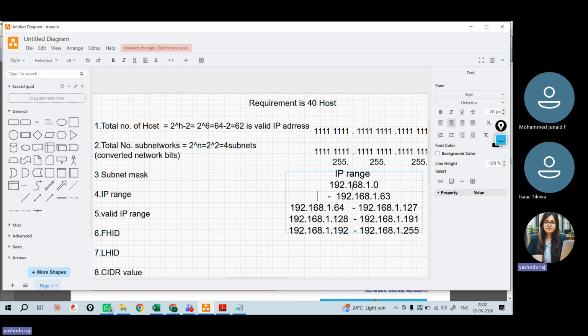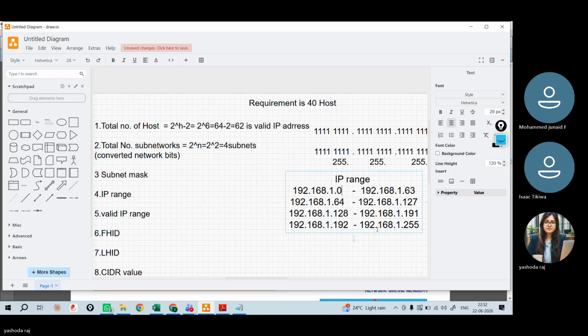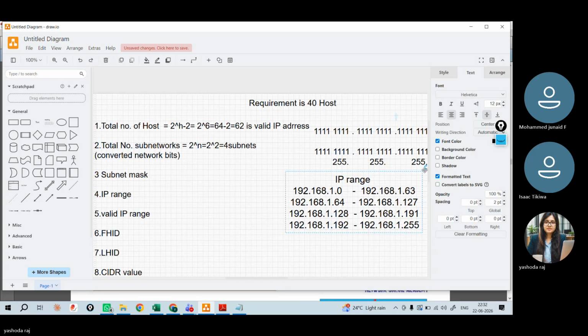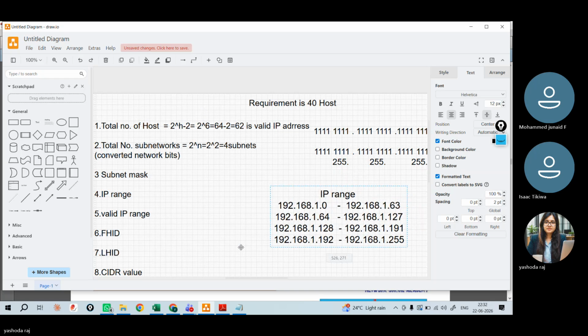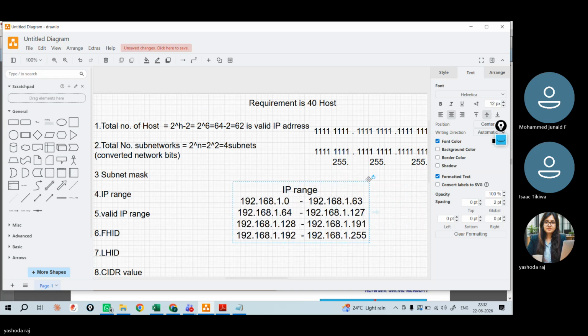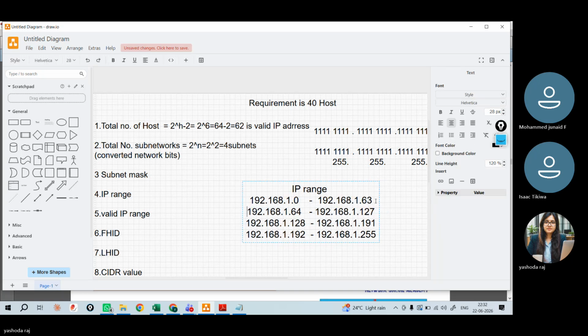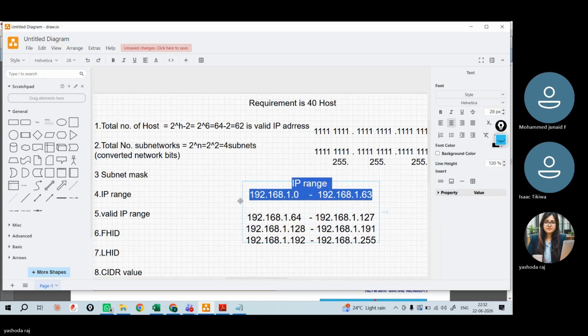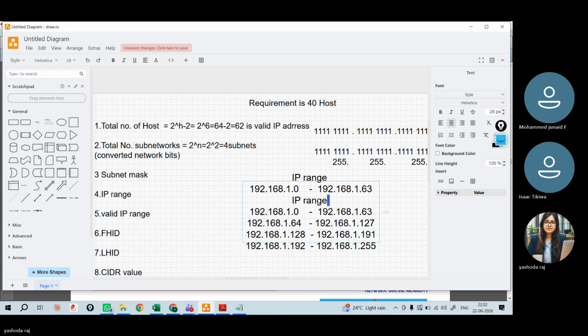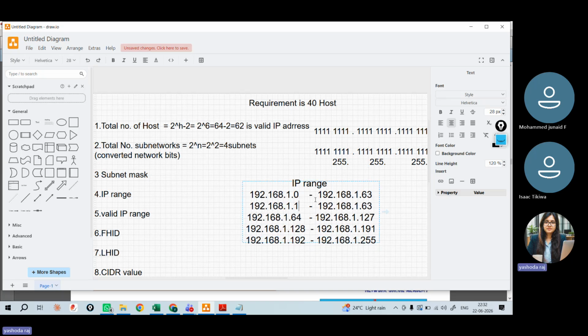See, 1.0 is represented as network address. 63 is represented as broadcast address.